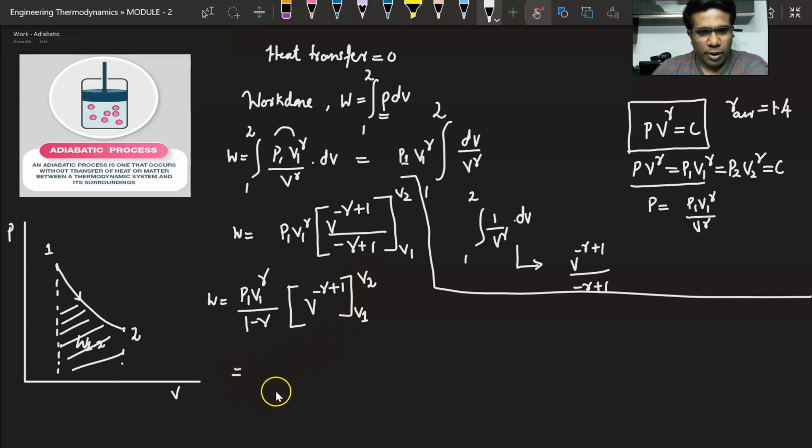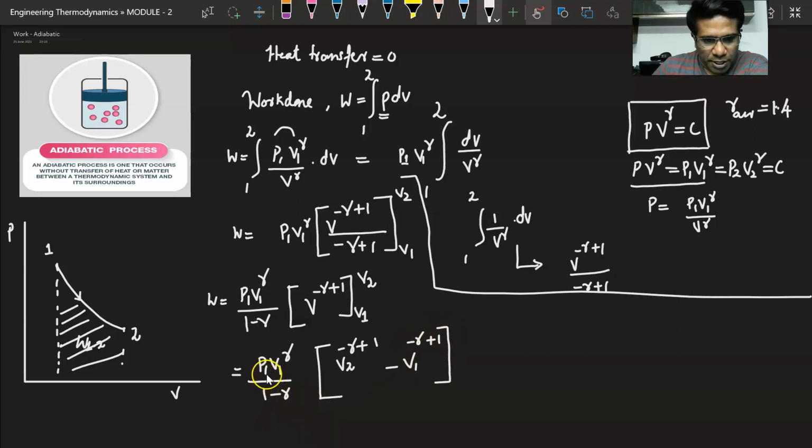Now, applying the limits, this is equal to P1 V1 raised to gamma by 1 minus gamma, this into V2 raised to minus gamma plus 1 minus V1 raised to minus gamma plus 1.